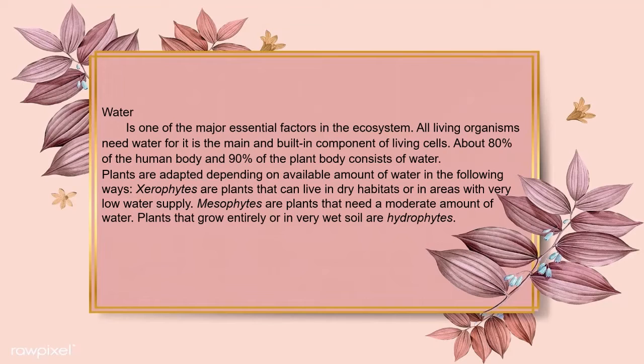Xerophytes are plants that can live in dry habitats or in areas with very low water supply. Mesophytes are plants that need a moderate amount of water. Plants that grow entirely in water or in very wet soil are hydrophytes.